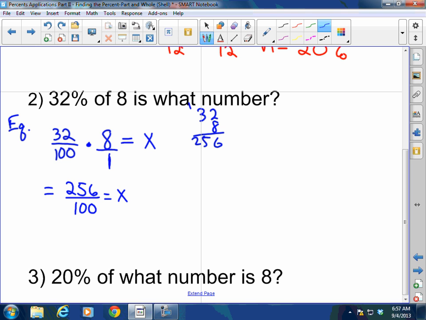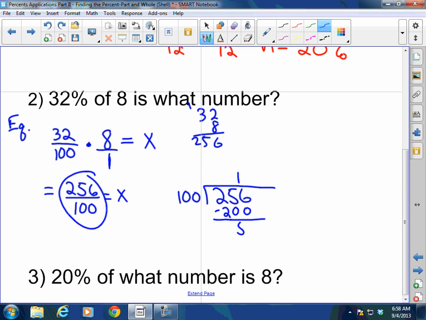How do I solve for x? My division. So 100 into 256. 100 goes into 200 one time. Drop the 5, drop the 6, a subtraction. I got to add a decimal and drop a 0. 100 goes into 565 times.